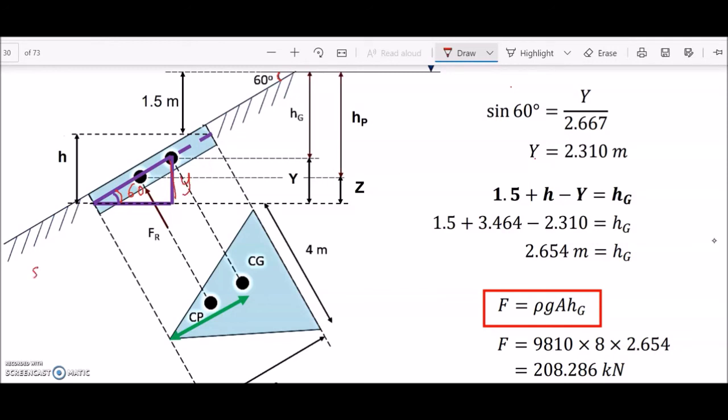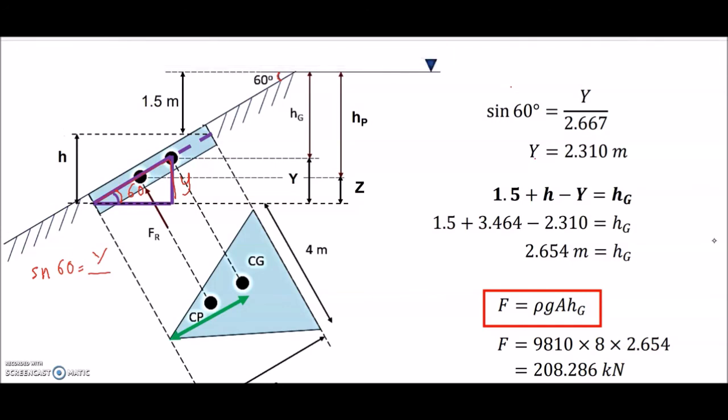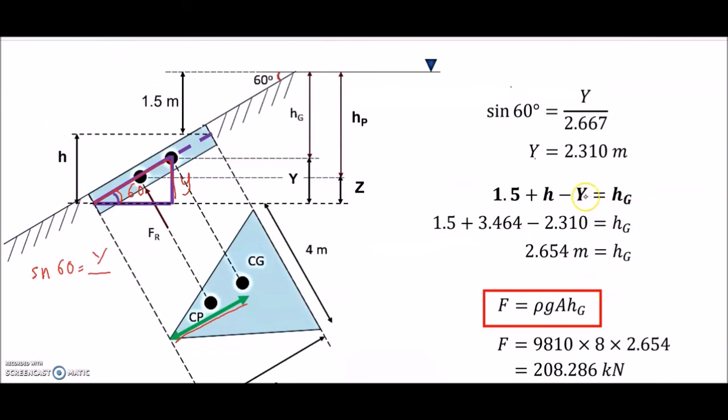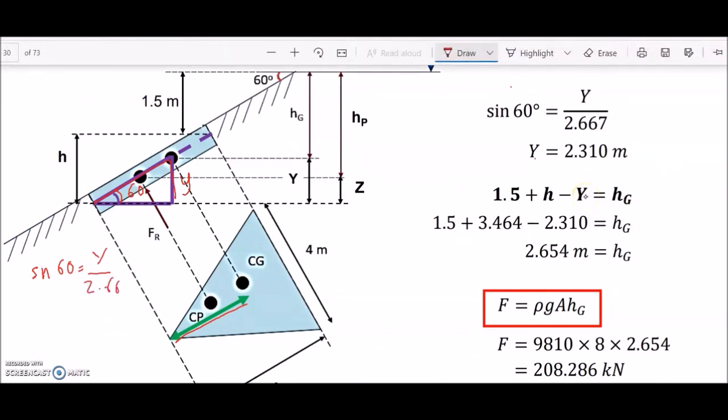So sine 60 equals the opposite, that is y, over the hypotenuse. What is the hypotenuse? It is the 2/3 of the center of gravity. We have calculated before, 2/3 of the 4, so 2.667. So you just take over 2.667.